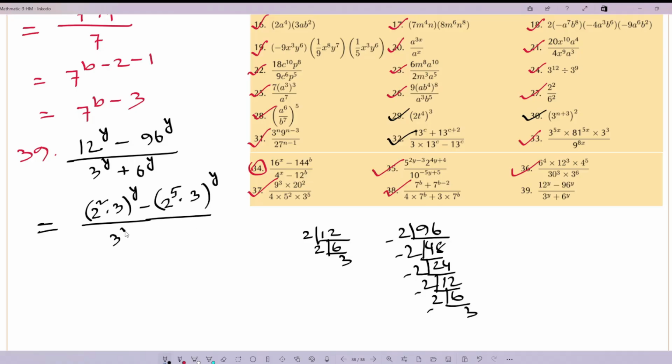Then here is 3 to the power y plus this one we can write 2 times 3 to the power y. 2 times 3 means 6.